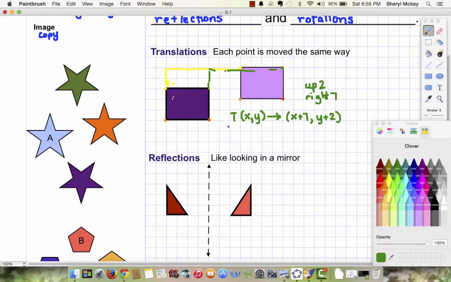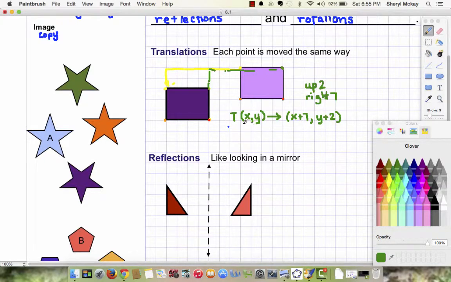So we took each point of the image and so if this point right here was (x, y), then the corresponding point would be (x + 7, y + 2). See that?